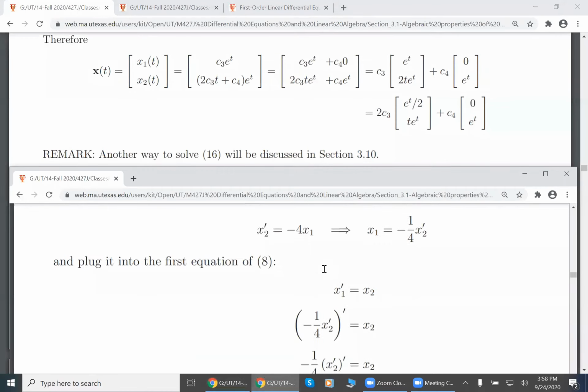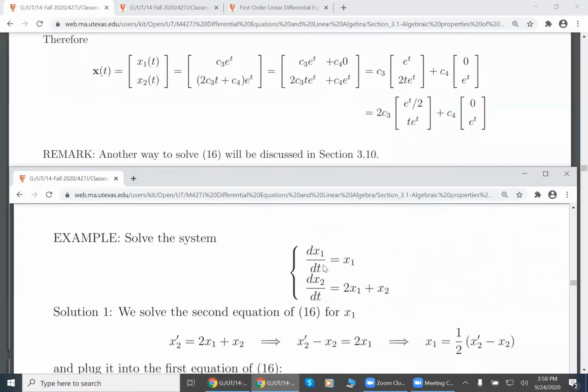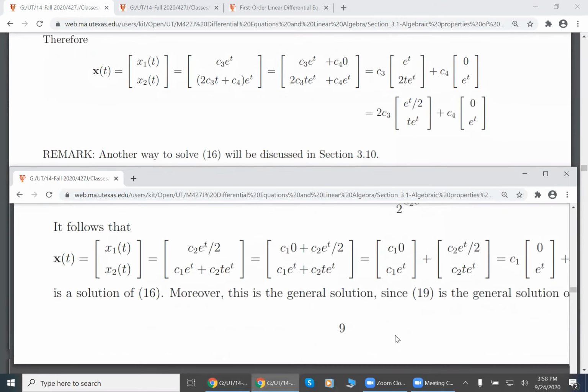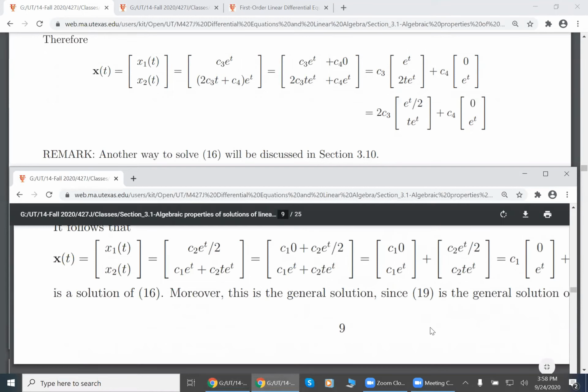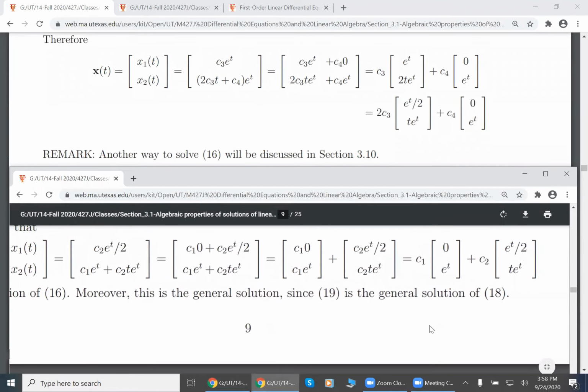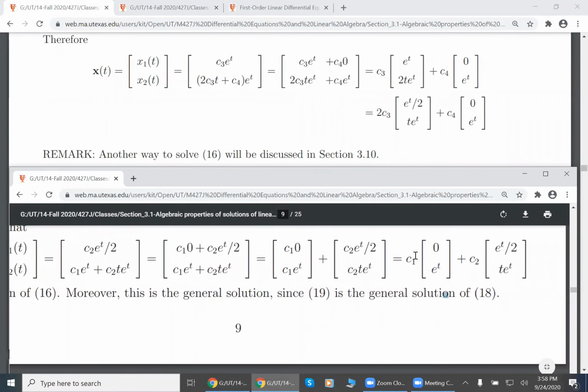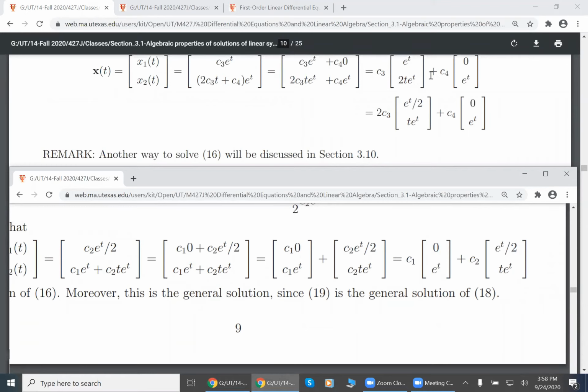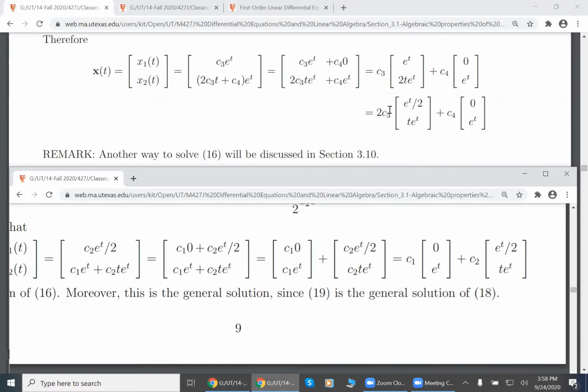Now let us compare the final answer in solution 2 with the final answer in solution 1. Let us take a look. Over here is the final answer in solution 1. Again, note that this looks different from this. However, if over here we factor out 2, now we have a perfect match.